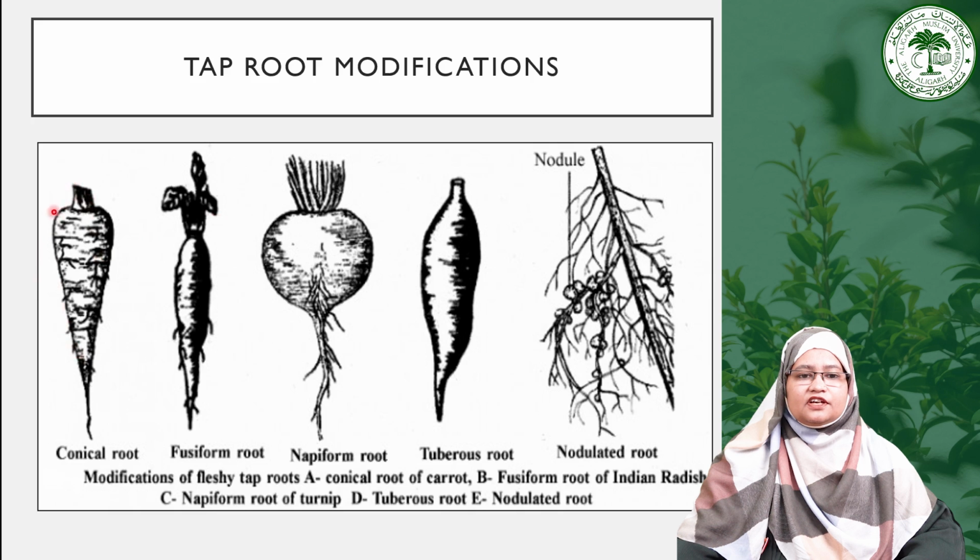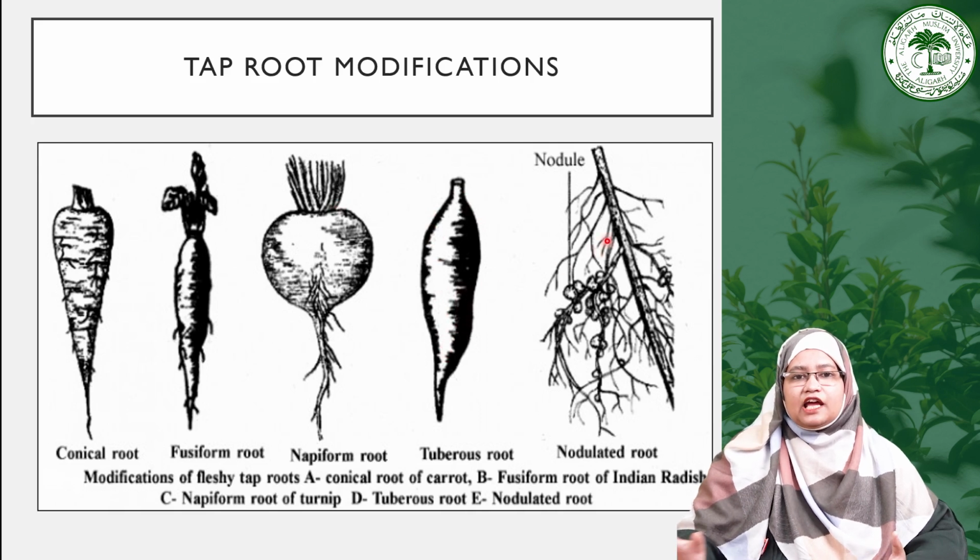The first one is the conical root, which has a conical shape, and an example is carrot. The next one is the fusiform, and an example of this type of root is radish. The next one is the napiform root, and an example is turnip or beetroot. And the next one is the tuberous root, which does not have any specific shape.